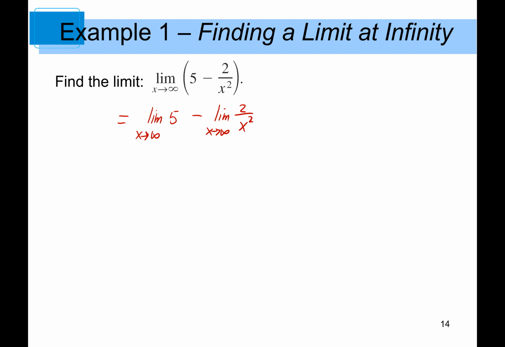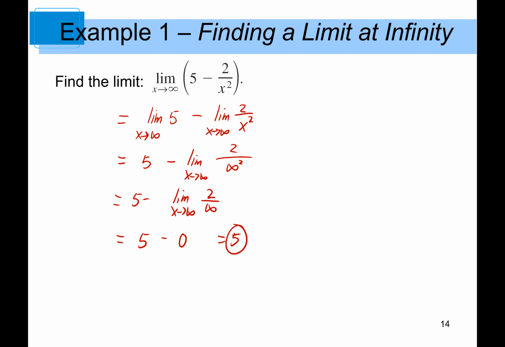The limit of a constant is a constant, and for the other limit, directly substitute x with infinity: 2 over infinity squared. So it is 5 minus 2 over infinity, which becomes 0, so it becomes 5 minus 0, which is just 5. So the limit for this particular function, 5 minus 2 over x squared, is 5.